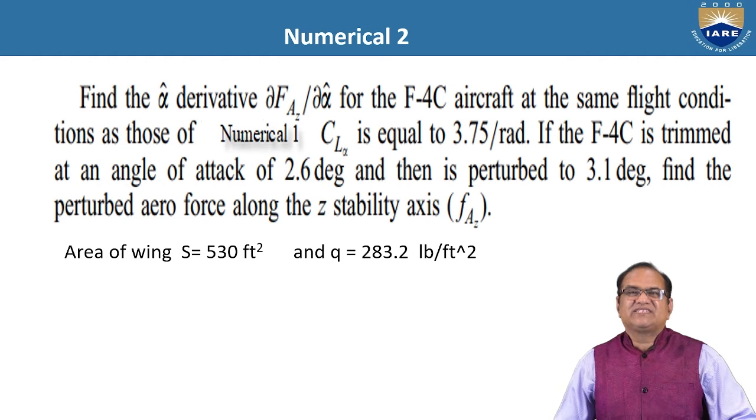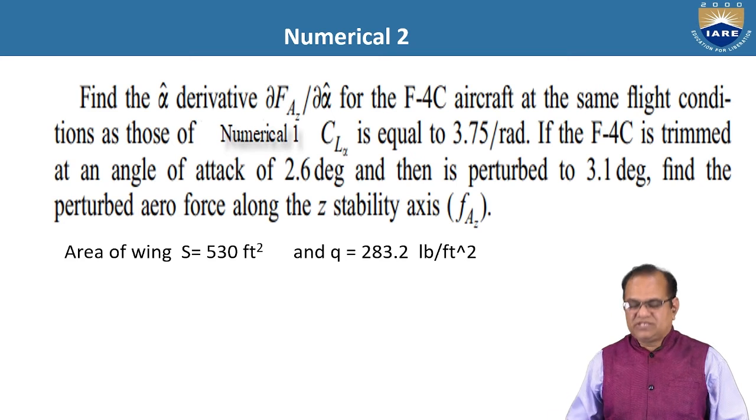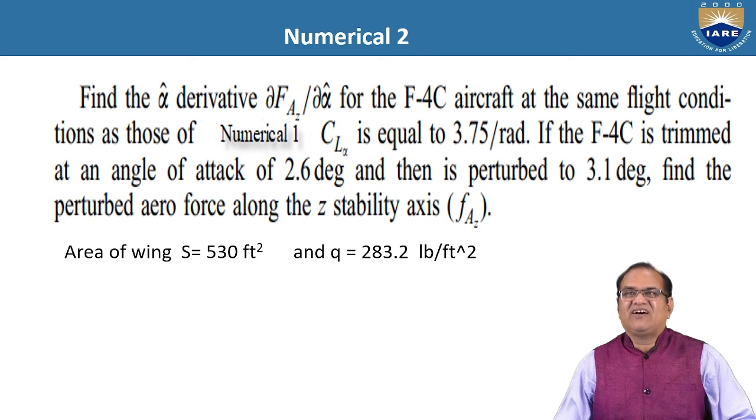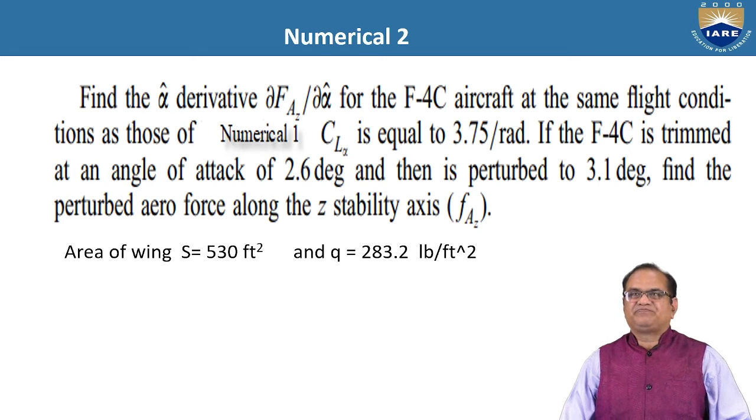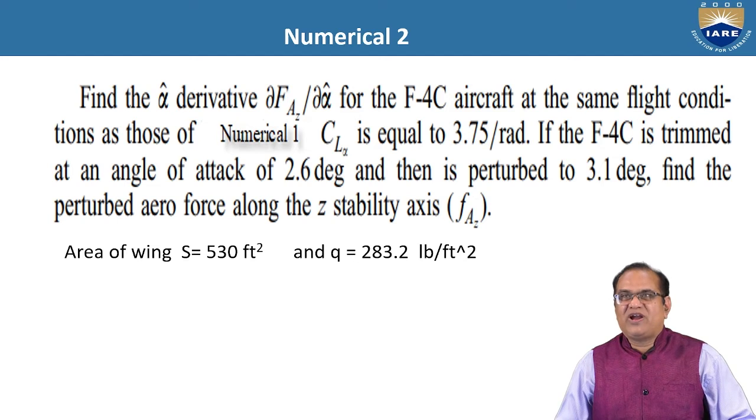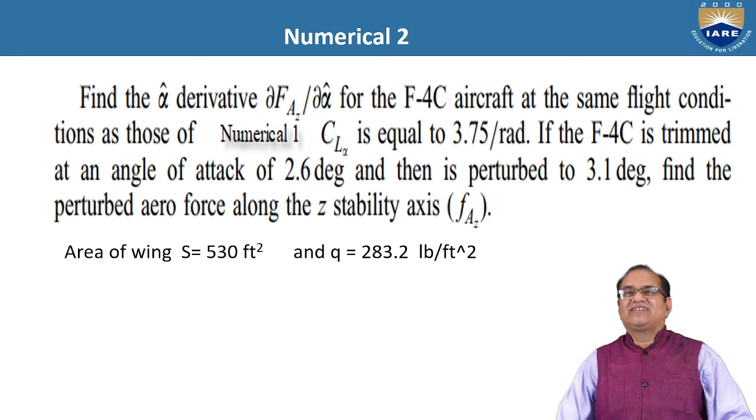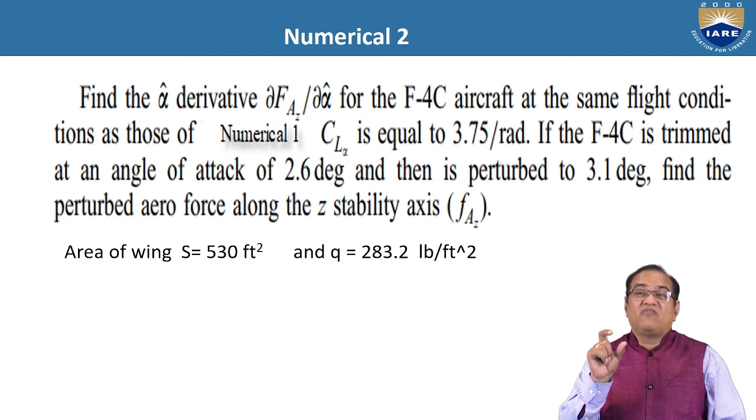I have mentioned here the area of the wing, Q and all these things. All the speeds and other things are given there. Here CL alpha is equal to 3.75 per radian. If the F4C is trimmed at an angle of attack of 2.6 degrees, it is alpha 1.